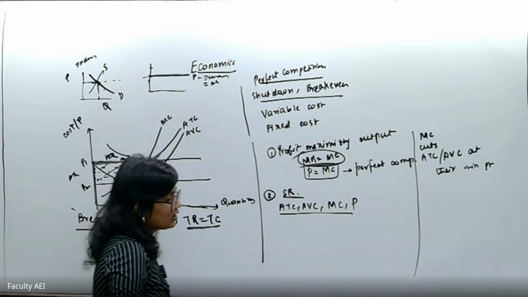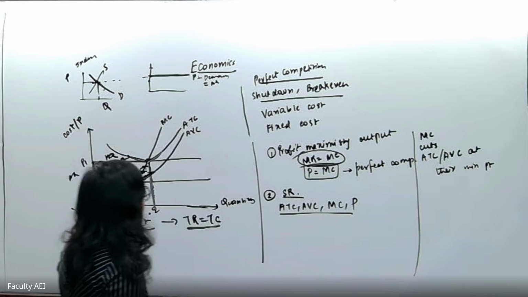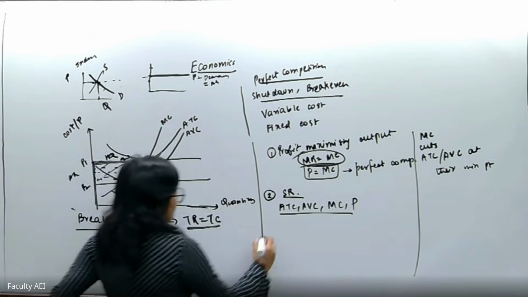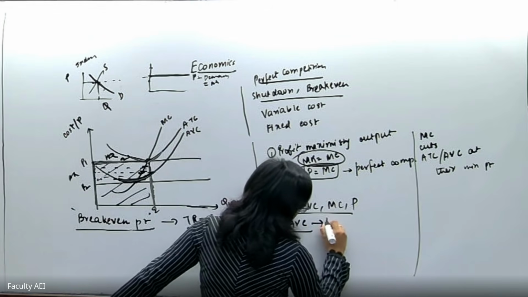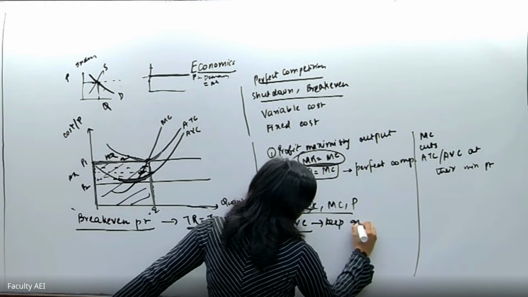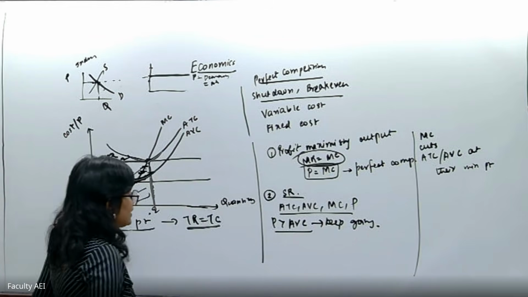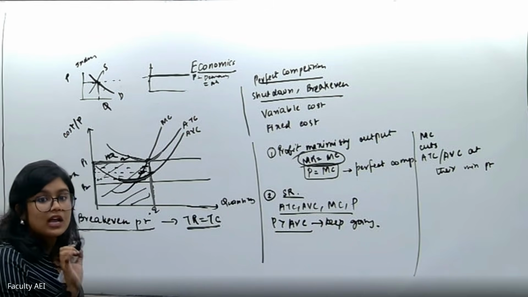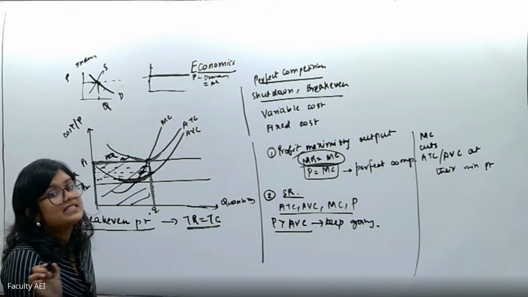Now, under short run, what is happening? If you are able to cover even your average variable cost, because see, if my price is greater than average variable cost, I will keep going. Why? Because if price is greater than average variable cost, but price is not equal to average total cost, price is not covering the average total cost, but still it is covering the average variable cost and it is greater than that.